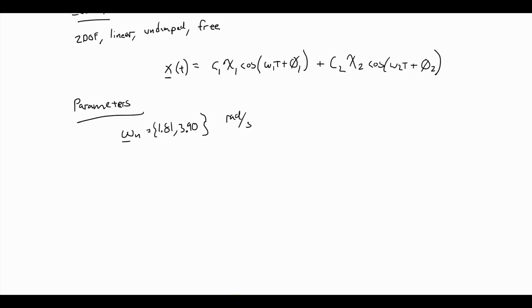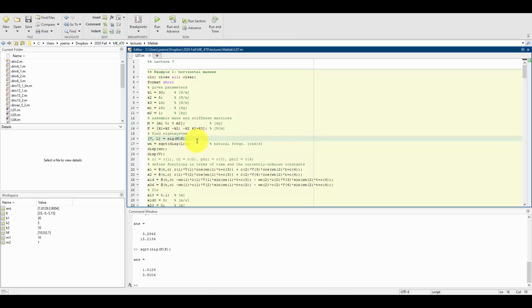Now we can get our mode shapes, chi1 and chi2. I'll just call it chi for the moment because we're going to see how MATLAB delivers them to us. With the same command, this eig command, we're going to get both the eigenvectors and those eigenvalues that we already found.